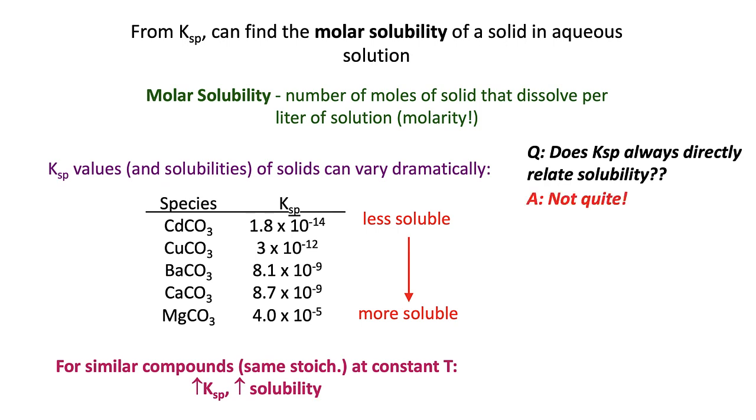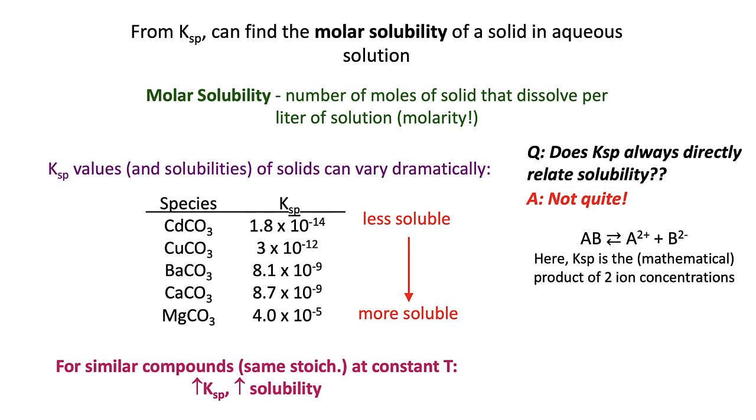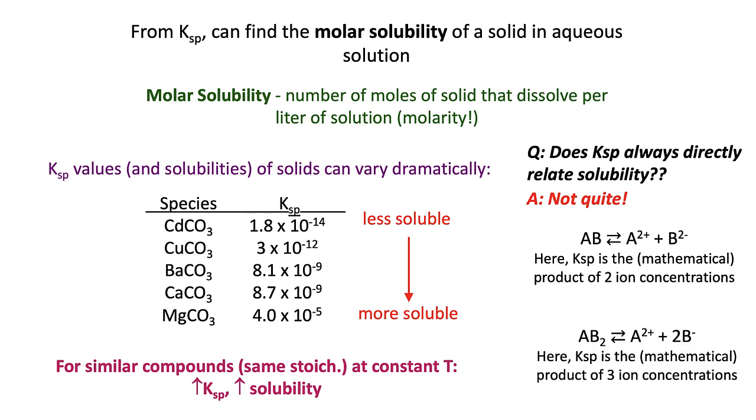The reasoning is that if we have a 1-to-1 salt, Ksp is the mathematical product of A2+ multiplied by B2-. It's going to be just 2 instances of ions that are coming out. However, if we have something like AB2, now we have an A2+ and two B-. So when we calculate Ksp, we're actually multiplying 3 ion concentrations.